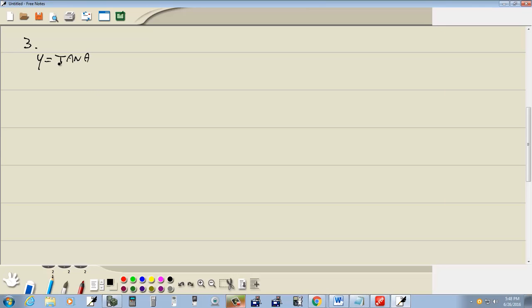Okay, so I put it in this notation. Y is equal to tangent theta. Our period is equal to pi over b, so it'll be pi over 1, or pi.